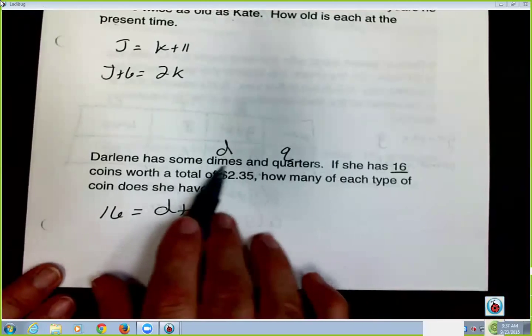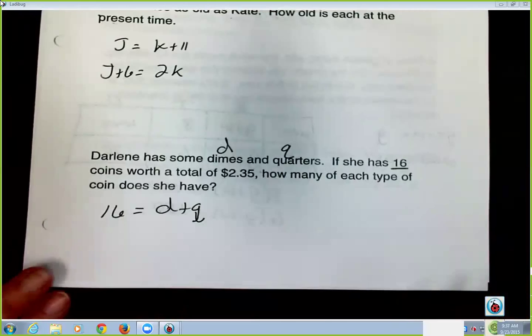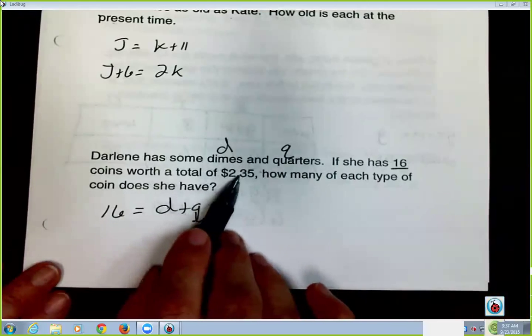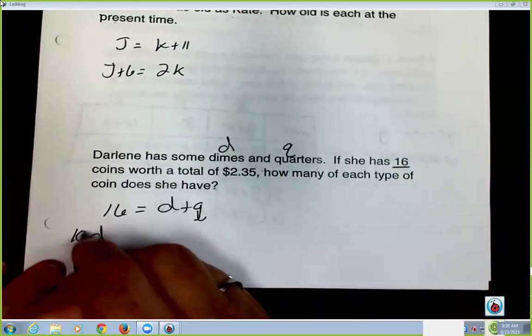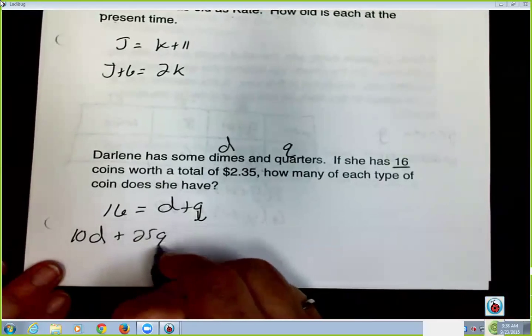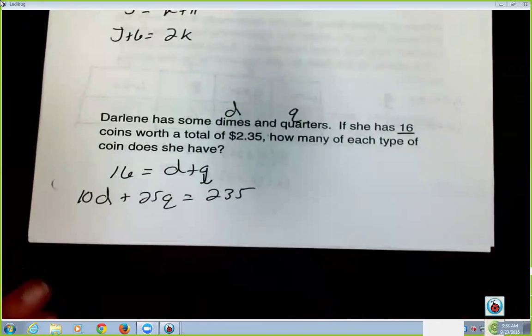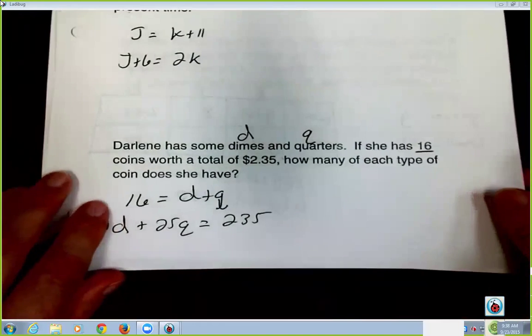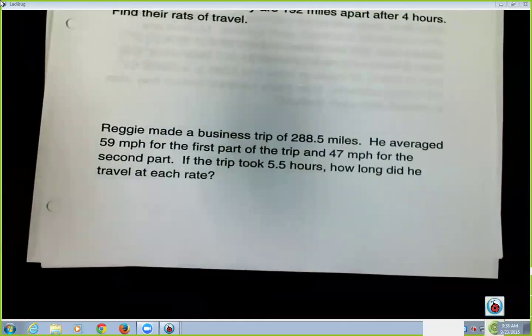And then you want what they're worth. So dimes are 10 cents, quarters are 25. So if you removed your decimal, then what you would have is 10D plus 25Q is equal to 235. And that would get rid of your decimals in there, so you wouldn't have those anymore to work with. Okay or not okay? What do you think? Okay. At least we got some good stuff going.